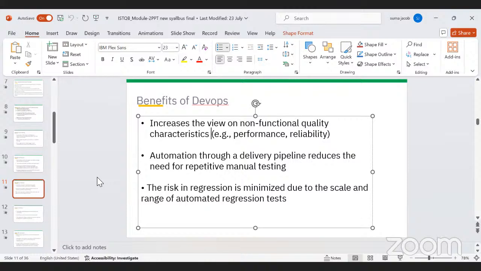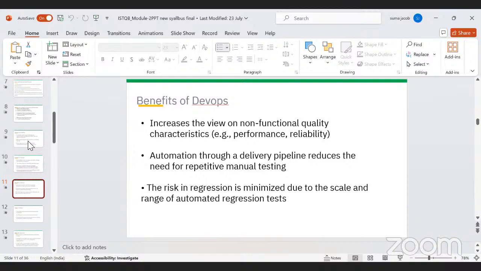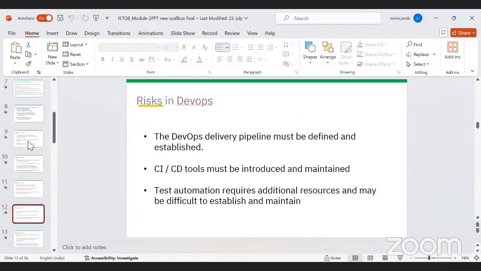These are the different benefits of DevOps, which is very important. DevOps is a topic where questions have been asked in the two previous exams from the syllabus as well.